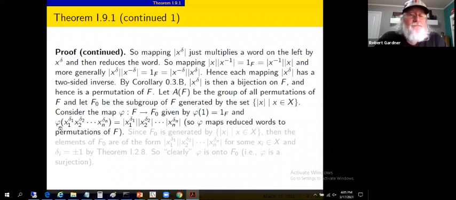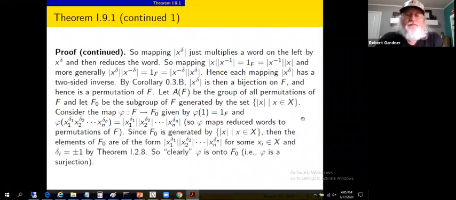And phi of the reduced word, X sub 1 to the delta sub 1 through X sub n to the delta sub n, we define to be this composition. So this phi maps reduced words to permutations of F. Permutations given by multiplying on the left and then doing the reduction.